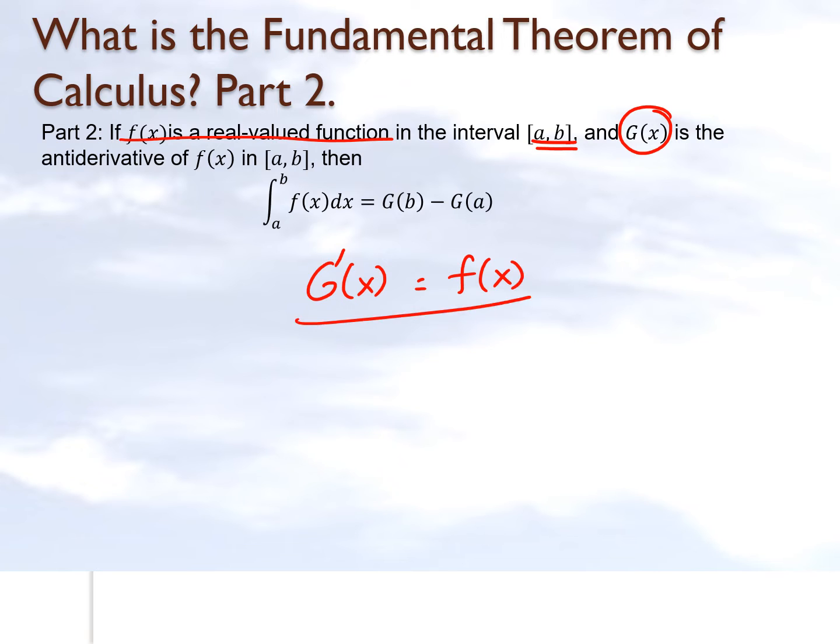That's what it means that g of x is the antiderivative of f of x. Then when you integrate f of x, it'll be just the value of the function g at b minus the value of the function g at a.